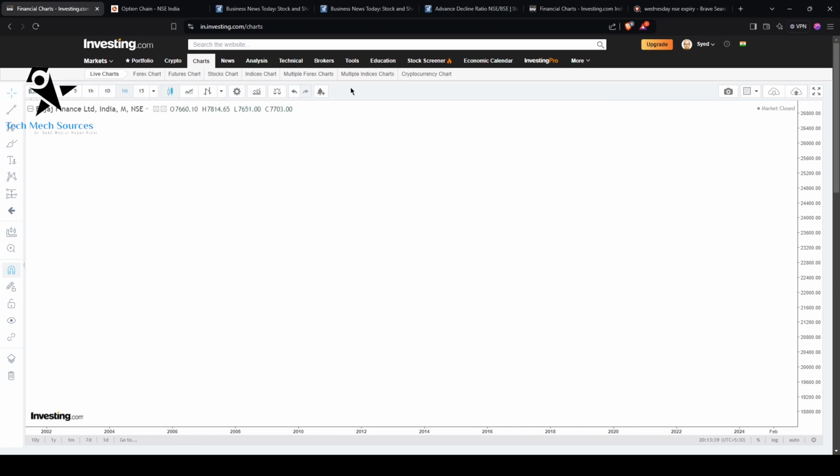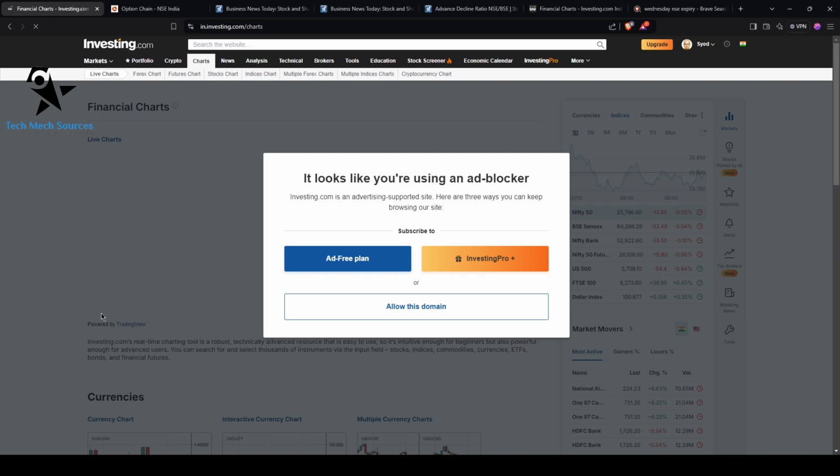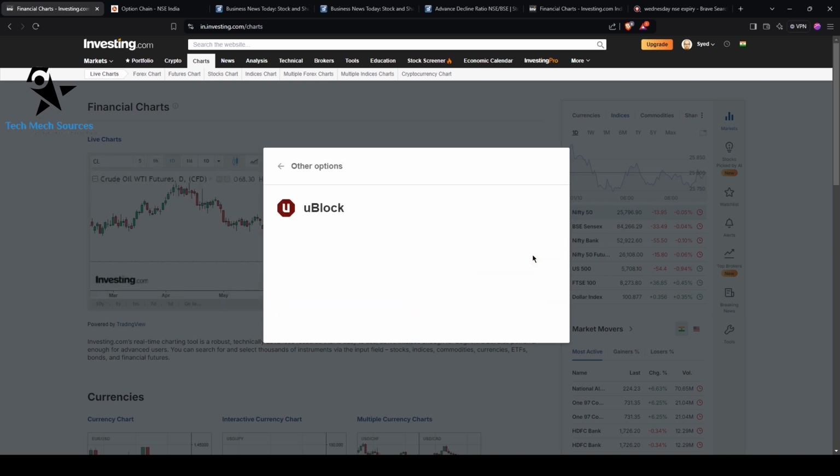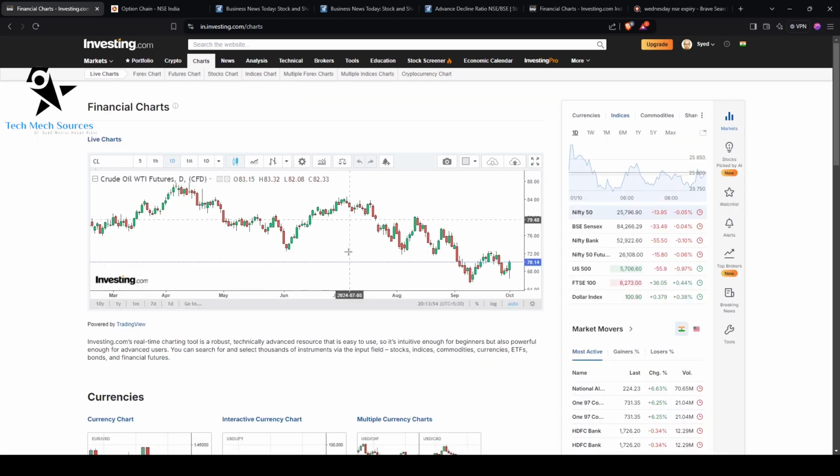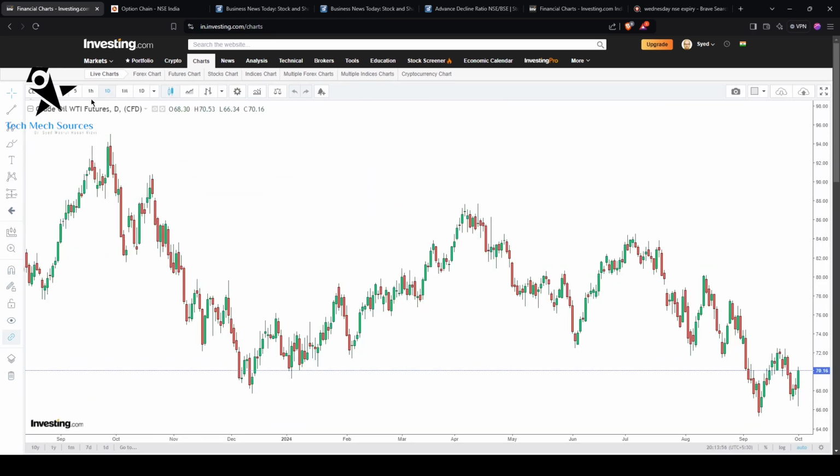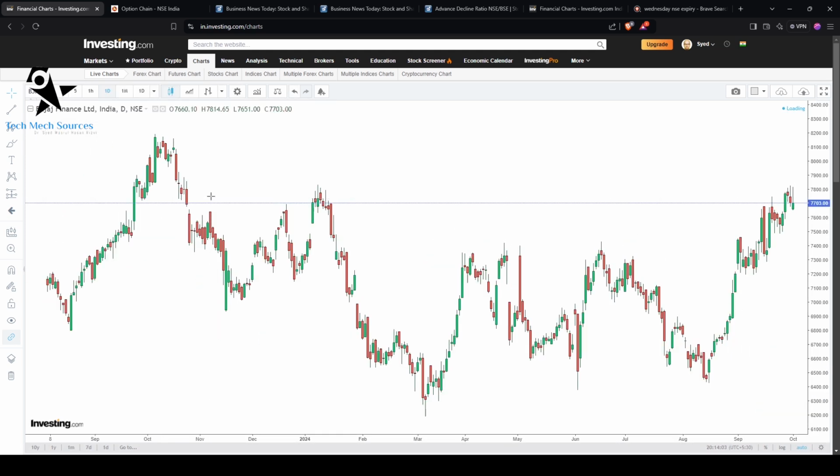Are we able to get it? Let me again reload the chart, and I will allow this domain. Okay, here I'll write Bajaj Finance. As soon as you write it, you'll get the curve. Here you can see the candlestick chart.